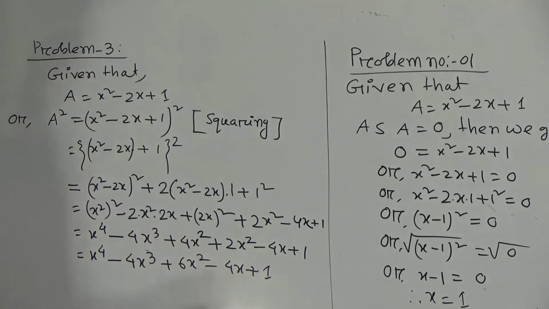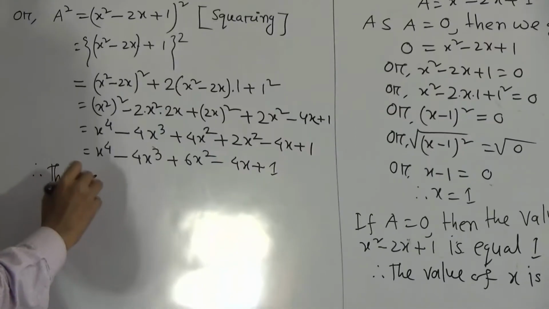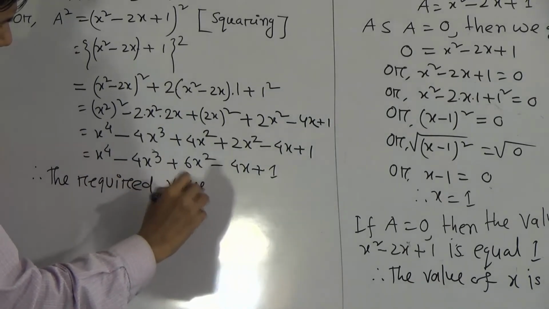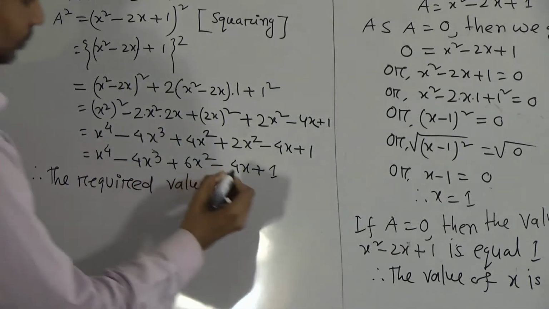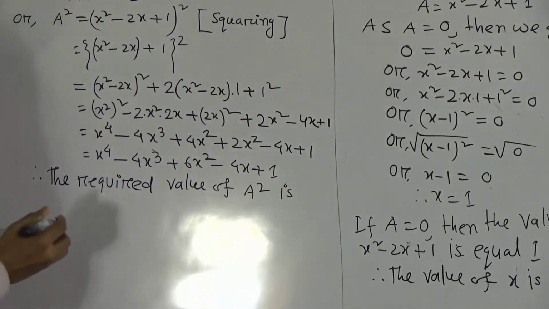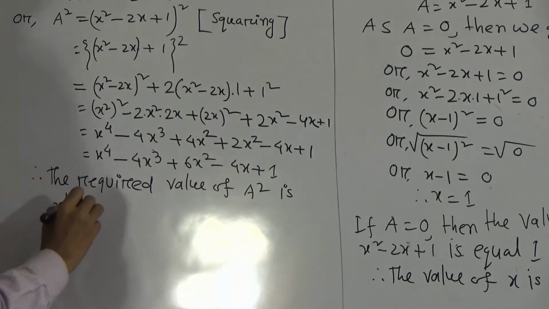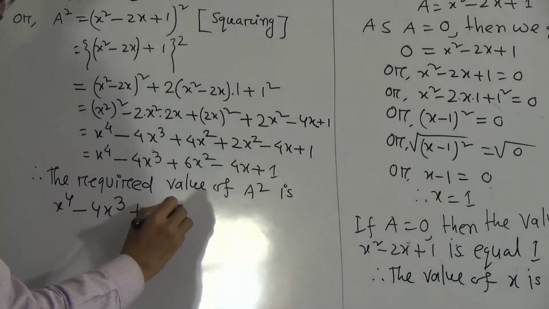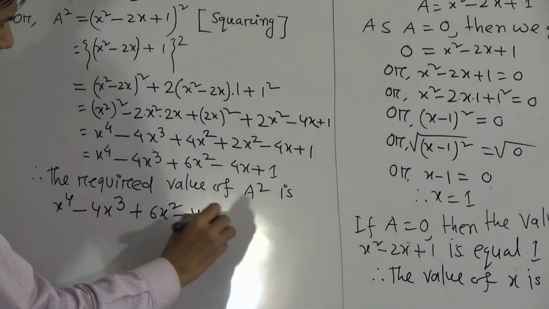Okay students, what is our question? Our question is determine A square with the help of the formula. Okay, therefore the required value of A square is x power 4 minus 4x cube plus 6x square minus 4x plus 1.